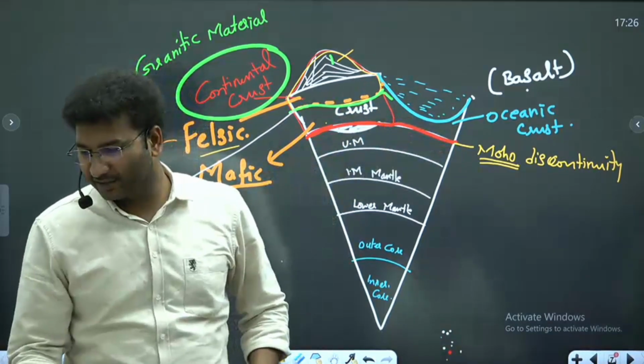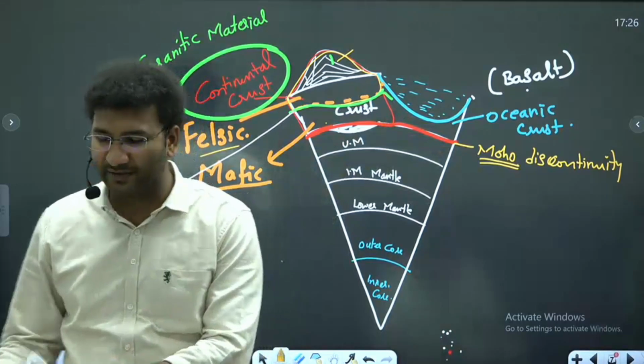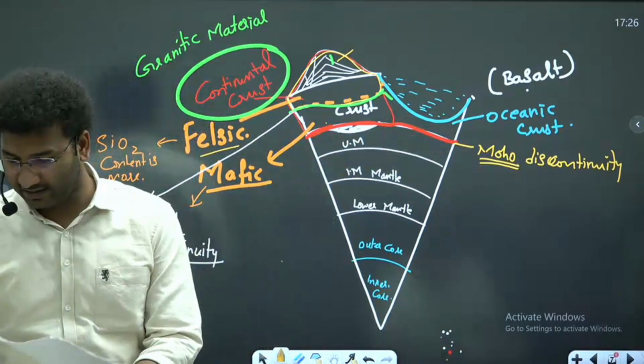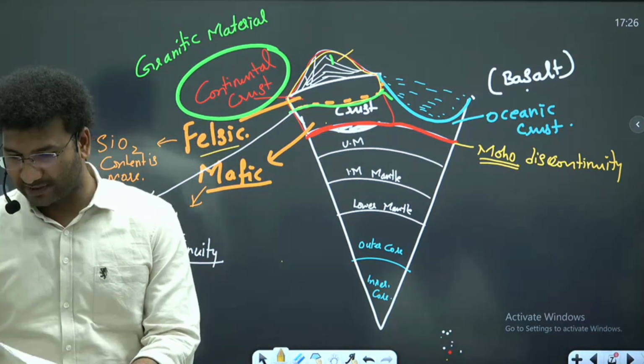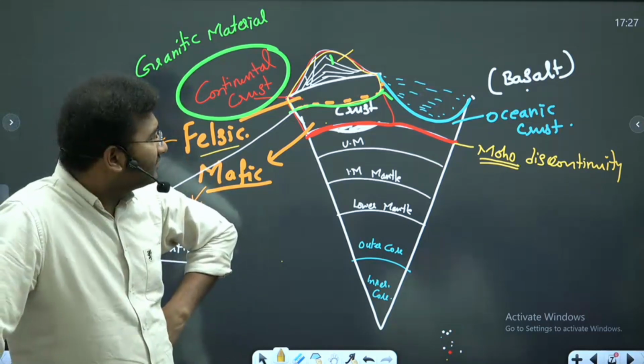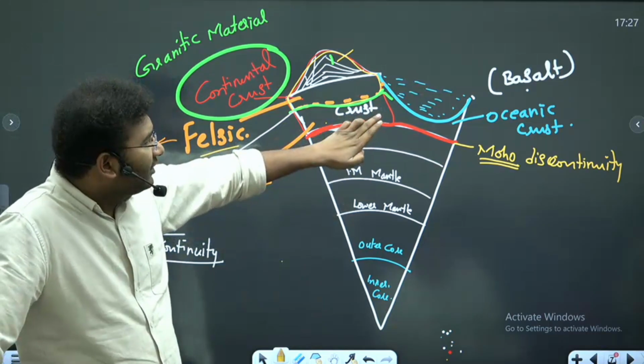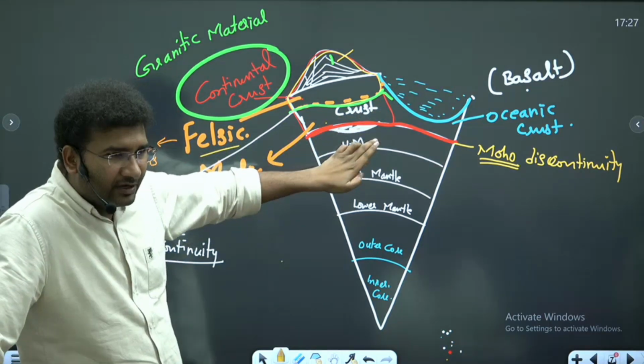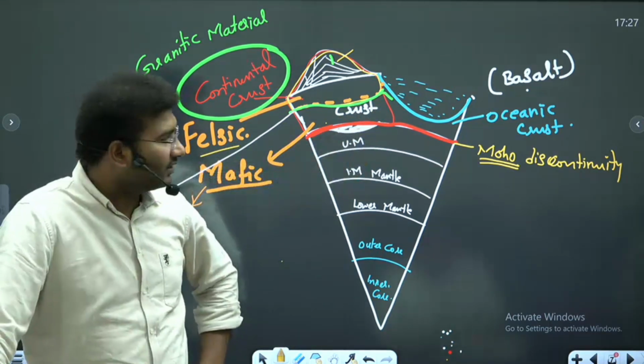Now Moho's discontinuity is a discontinuity which is present between crust and mantle. Moho is between crust and mantle. Now see, it is between the lower part of the crust and upper part of the mantle. Okay?